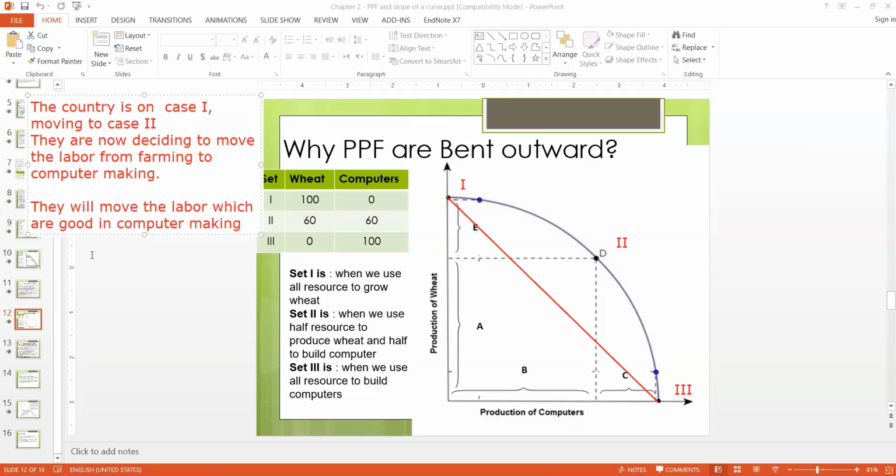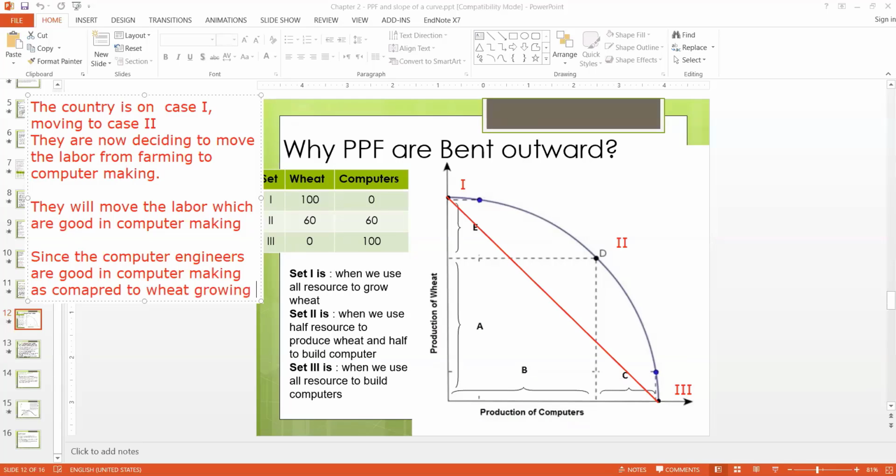So next point: since the computer engineers are good in computer making as compared to wheat growing, when they are shifted, their performance will increase.